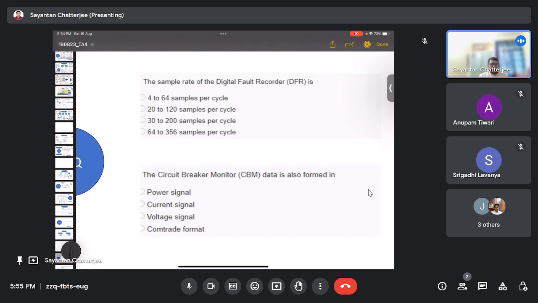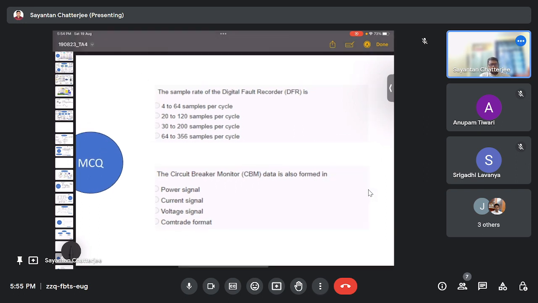These are last year's MCQ questions from the assignments. For the first one, it is not B. I discussed the digital fault recorder, DFR, just some time ago. These have faster sampling rates to capture the faults and the transients occurring during the faults and post-fault situation. So these DFRs have a higher sampling rate than the PMUs.